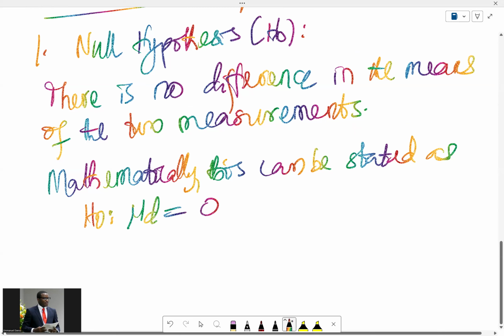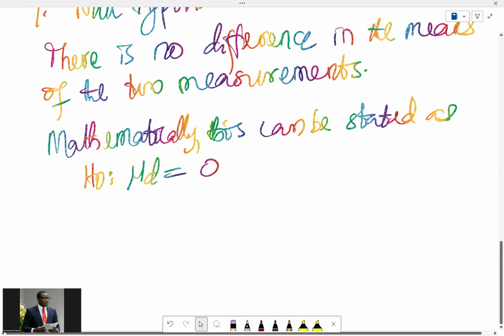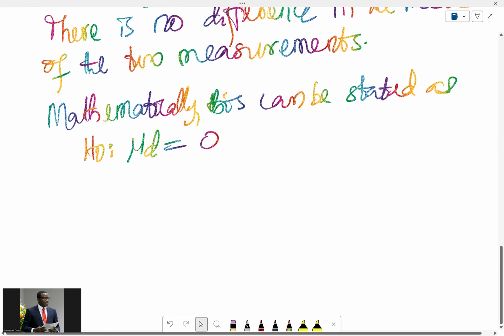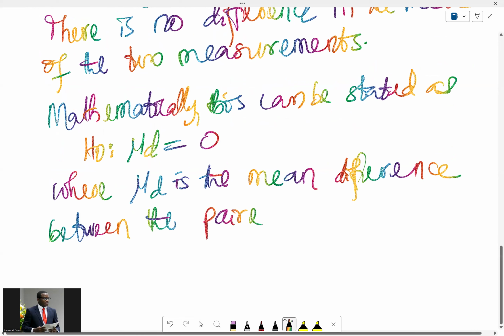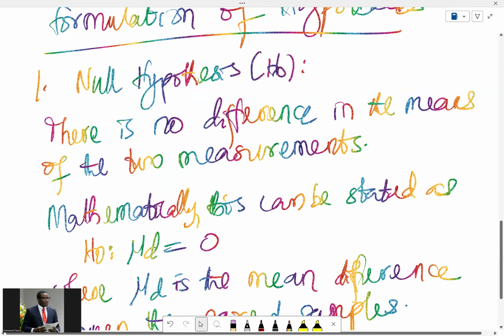That is, the difference between the values is zero. Here, mu d is the mean difference between the paired samples. So that's the null hypothesis.